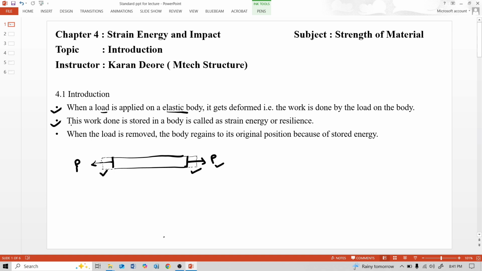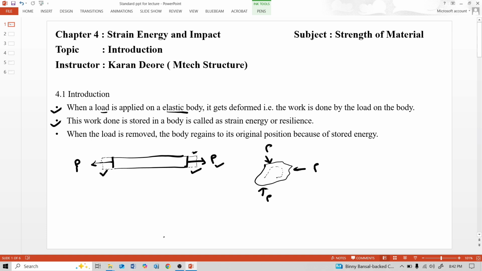Second bullet point is, this work done which is stored in a body is called strain energy or resilience. Due to this applied tensile force P, there is elongation in this body, and there is work done stored inside this body. For this second bullet point explanation, we will consider this as a rigid body, and when we apply a random force P on this body, it gets deformed.